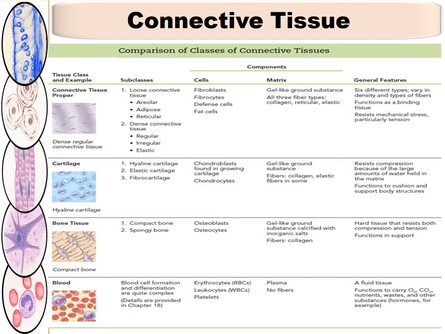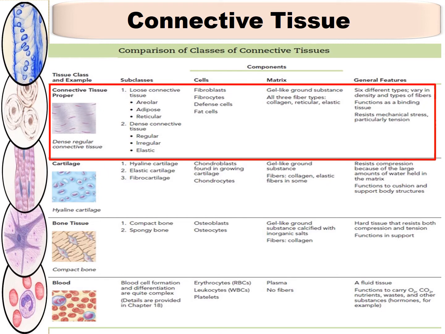The connective tissue proper is subcategorized mainly into two. The first one is the loose connective tissue and the second is dense connective tissue. The loose connective tissue is further categorized into three: areolar loose connective tissue, adipose loose connective tissue, and reticular loose connective tissue.